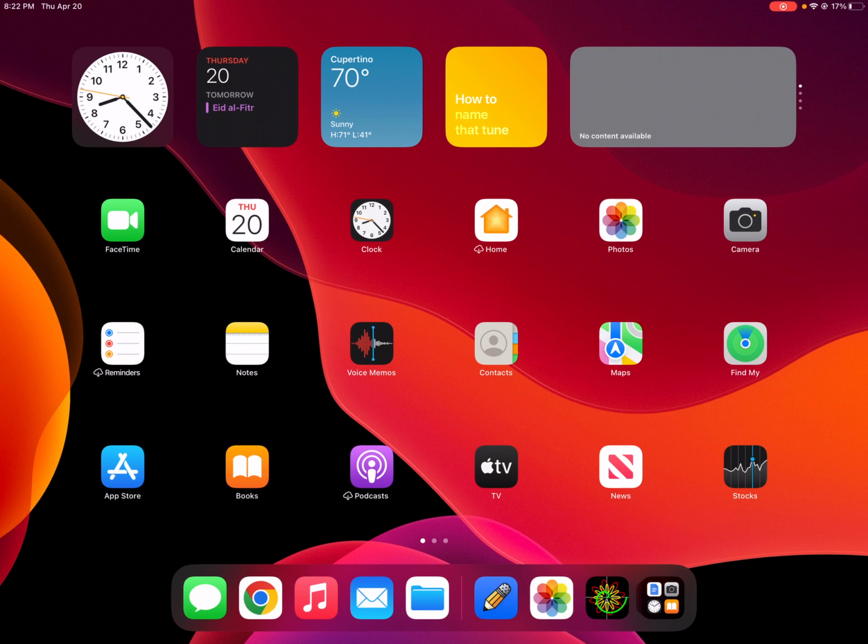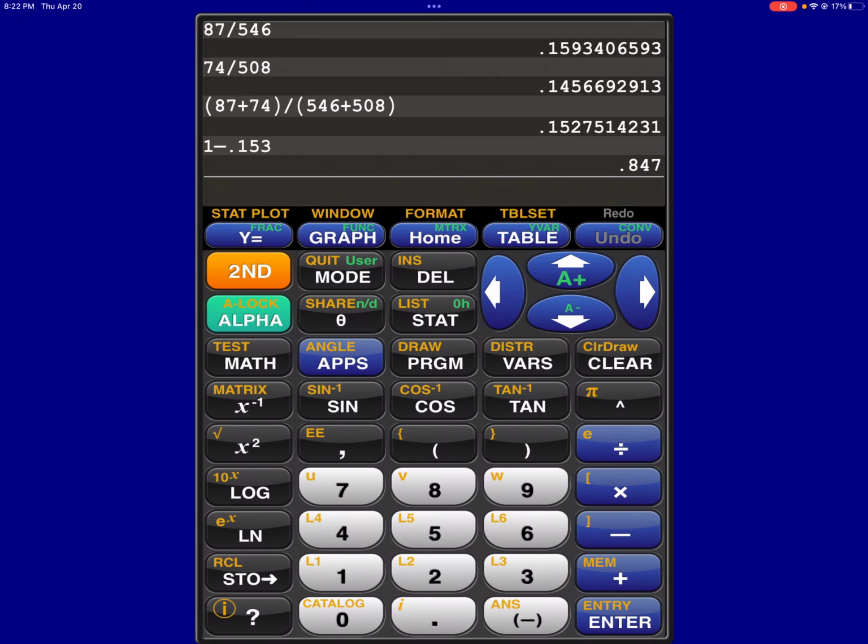So we've got our 0.159 minus our 0.146, divided by the square root of our 0.153 times our 0.847 times parentheses, 1 divided by 546 plus 1 divided by 508.